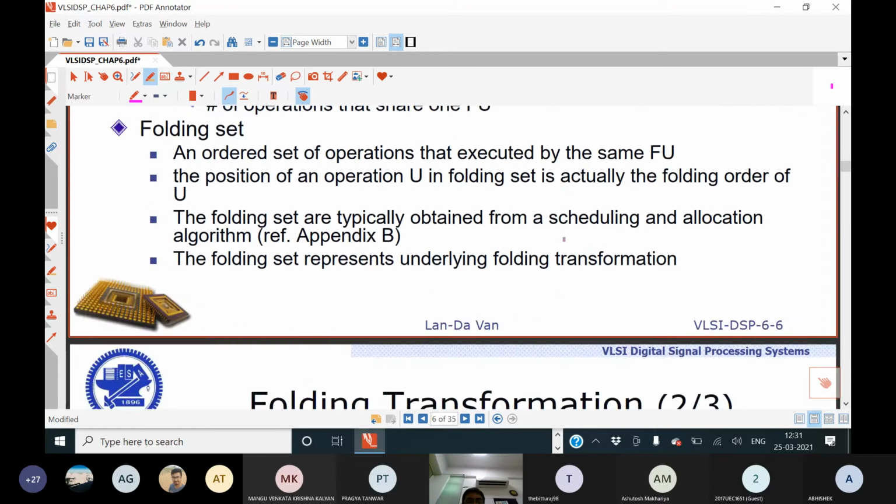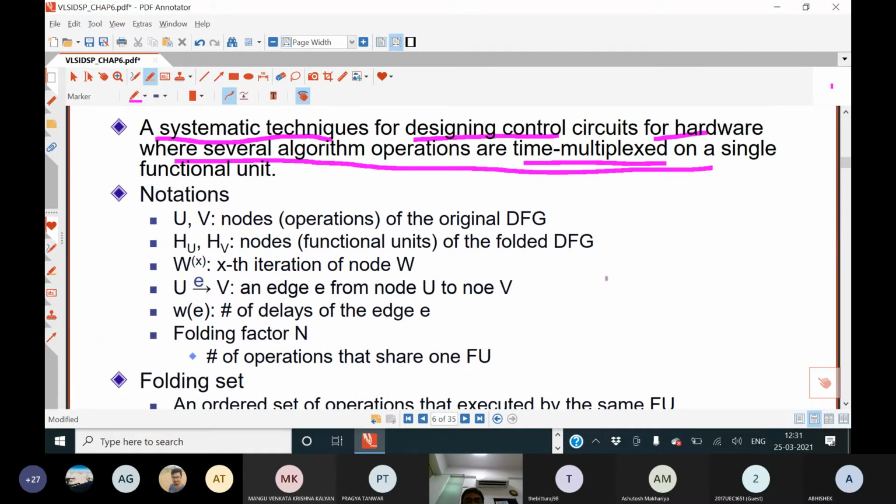Now consider a case where you have U and V as operating nodes. Let's consider U is one functional unit and V is another functional unit, so two nodes of my original DFG. Apart from that, there are HU and HV nodes of the folded architecture.